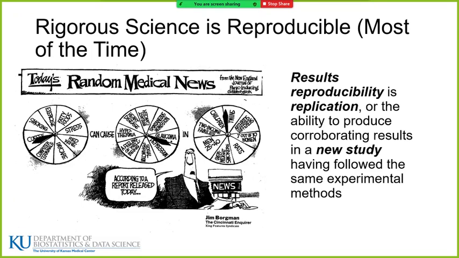So as opposed to methods reproducibility, which relies on transparency and openness, results reproducibility, you sometimes hear called replication. And that's the ability to take the same methods, apply it to new data, and produce a corroborating result.